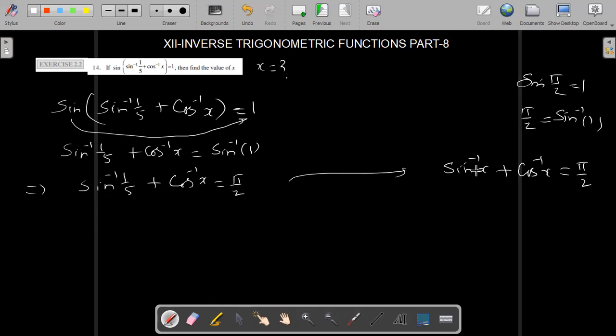Comparing with this formula, x will be 1/5. So like this, we have to solve the equation to find the value of x.